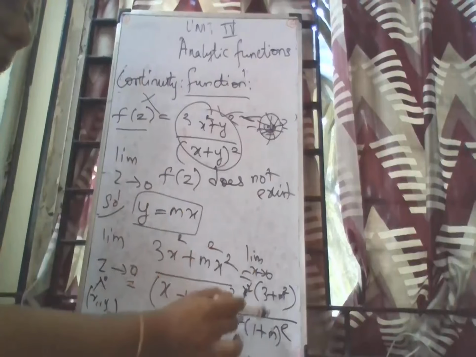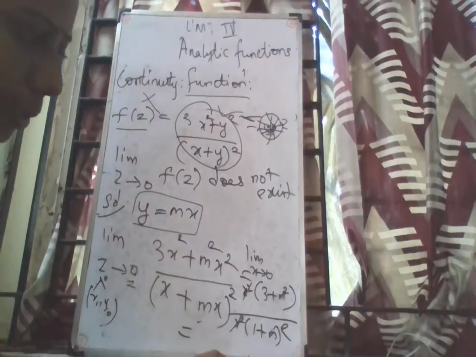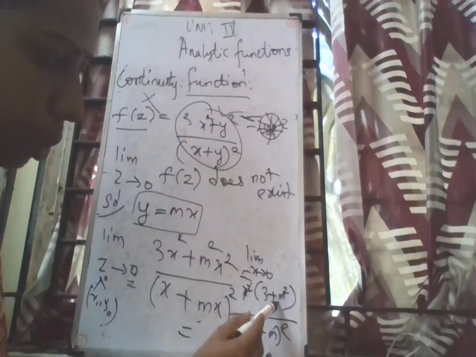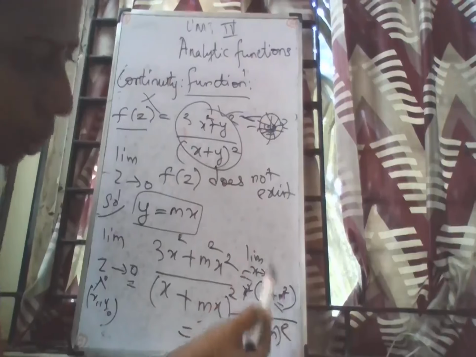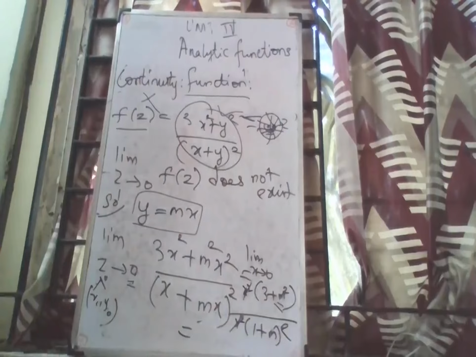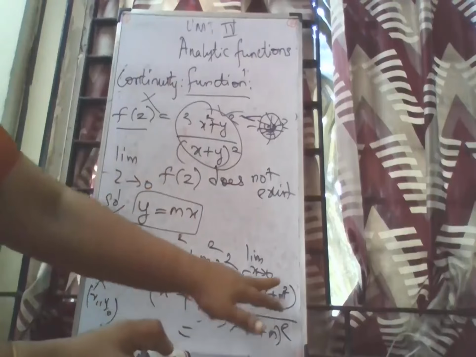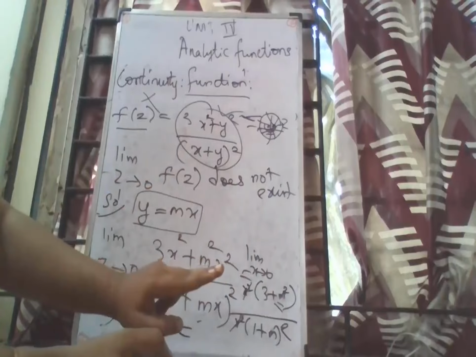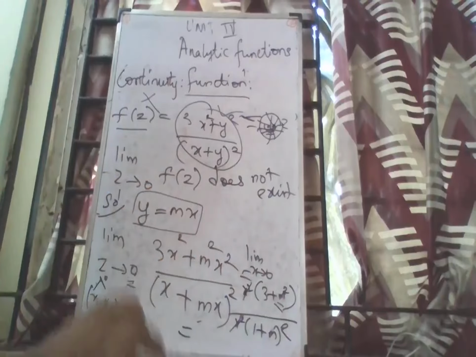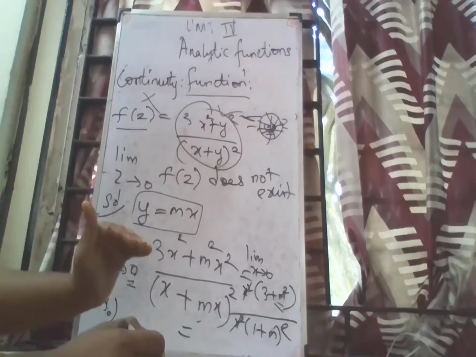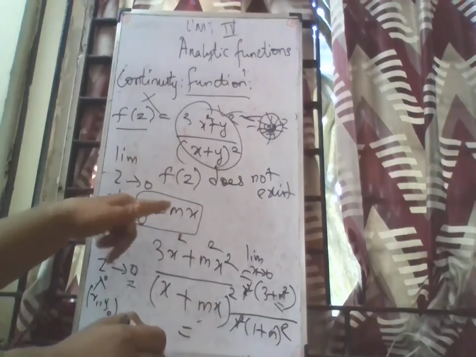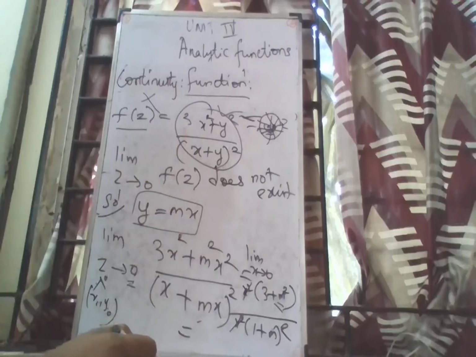As x tends to 0, I'm getting this expression, which means m takes all arbitrary values like 1, 2, 3, 4, etc. How is that possible? For f of z, I'm getting different values for different m, isn't it? So definitely, if we get this, the function f of z does not exist.